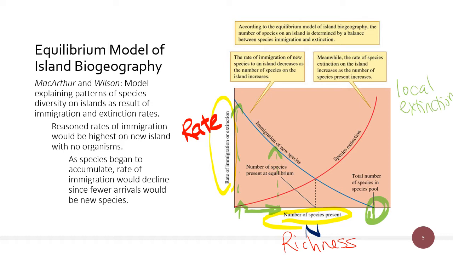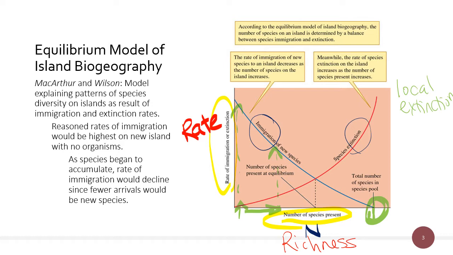So it's not globally going extinct, but it's being outcompeted by species on the island or eaten by other species on the island, and it's not going to be found the next time you come. So species are always coming and going. You've got new species coming in through immigration, and then existing species on the island that you saw last time that are disappearing.